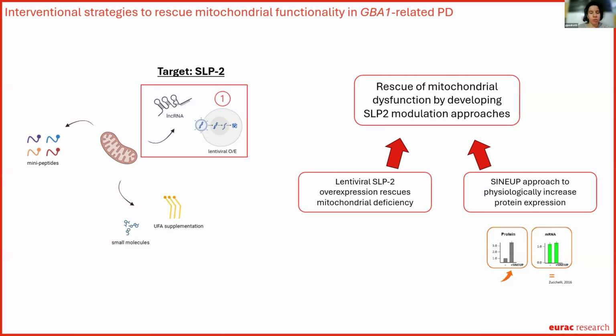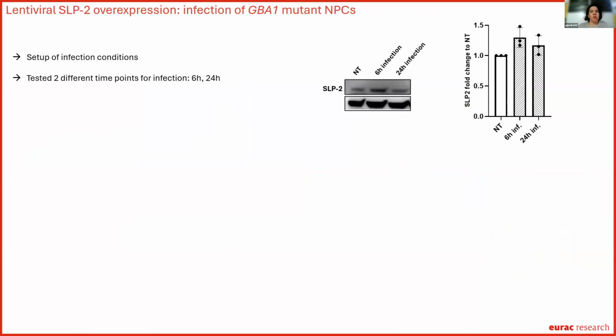For now, I will show the results on the approach with the lentivirus. We set up different conditions for infection to have what we want, so mild physiological overexpression, and we saw that 6 or 24 hours with the virus are sufficient to induce our overexpression. We checked a potential rescue on the mitochondrial phenotypes that we have seen up to now.